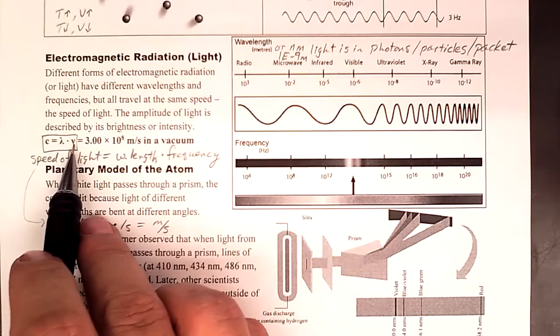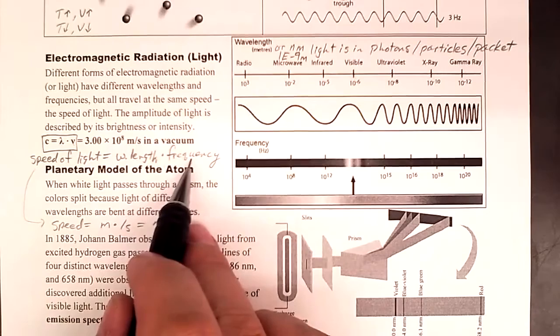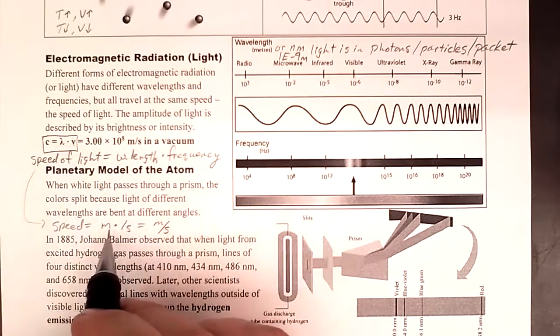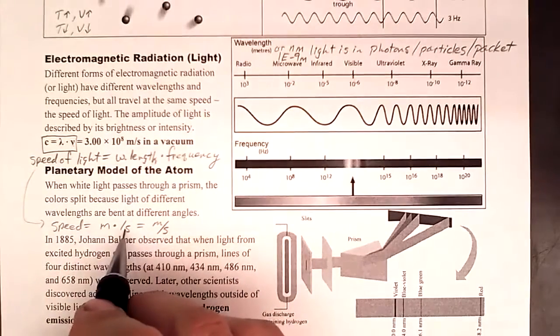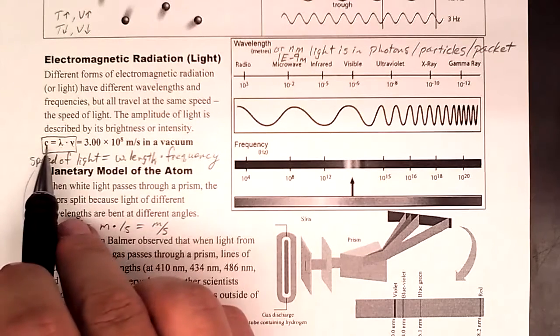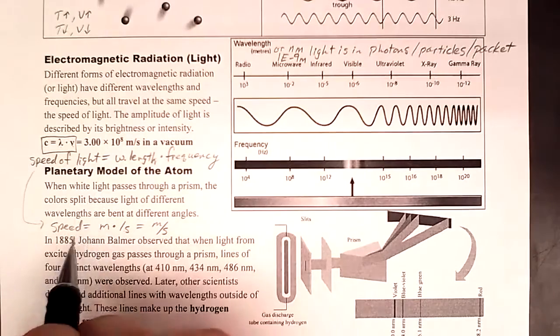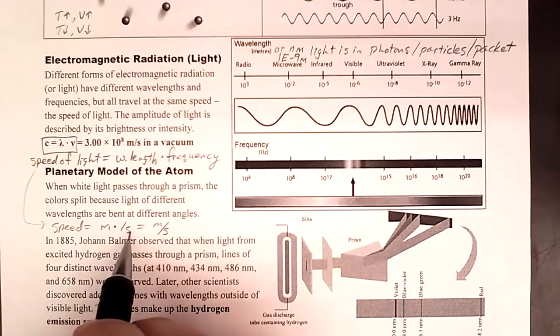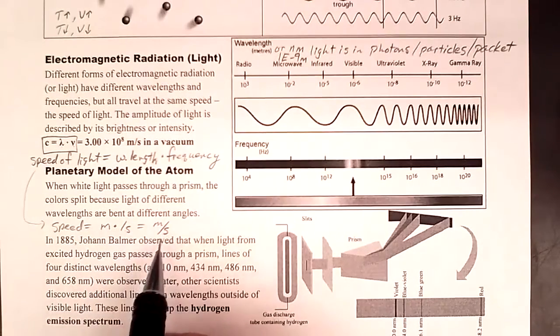It's nu, N-U, and it means frequency. So this is going to be in meters, and this is going to be in per seconds, like I said before. And that makes sense because this is the speed of light, and speed would be in distance over time. And here we get meters per second, which is our favorite units for science because it works with all our stuff like joules and kilograms and newtons and watts and so forth.